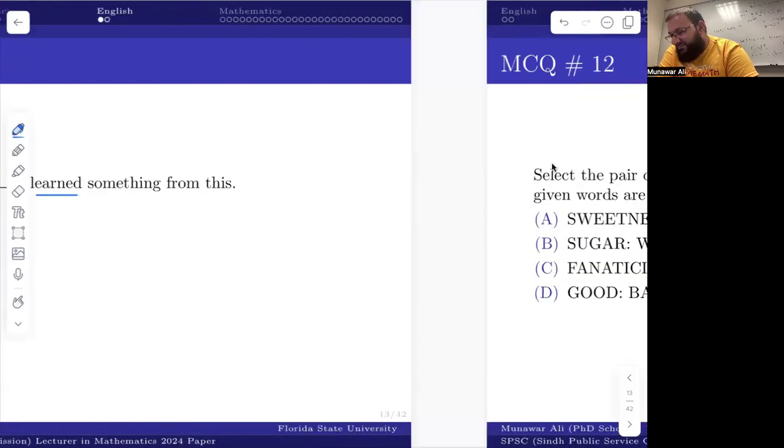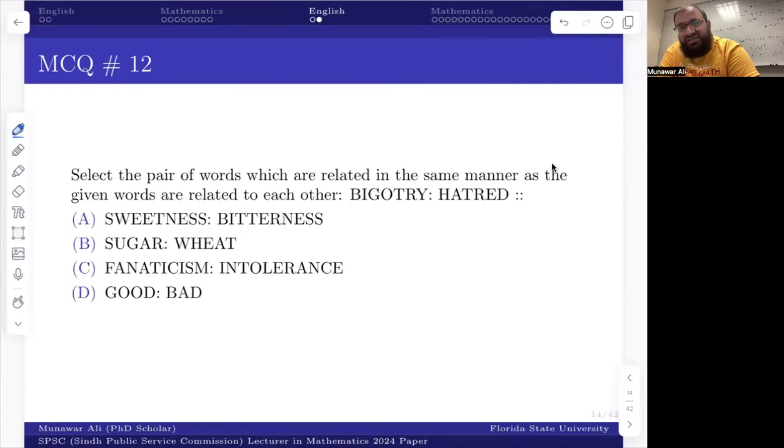Let's move ahead. Question 12 is again related to English. These are some sort of comparison questions where I have to compare all these four options with this one and choose the best one. You know very well what hatred means, and let me tell you what bigotry means.